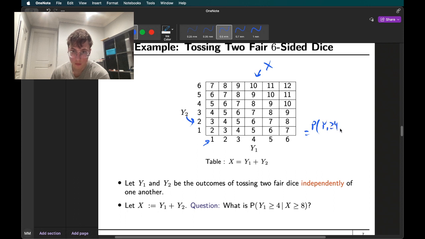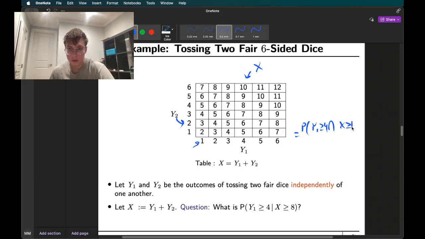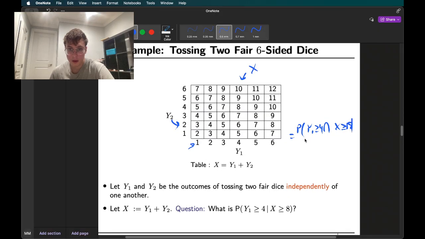y1 is greater than or equal to 4, and x is greater than or equal to 8, divided by the probability that x is greater than or equal to 8, right? The bottom one. The probability that x is greater than or equal to 8, so the sum, is like he illustrated, this.